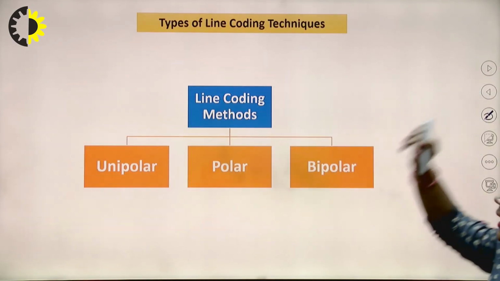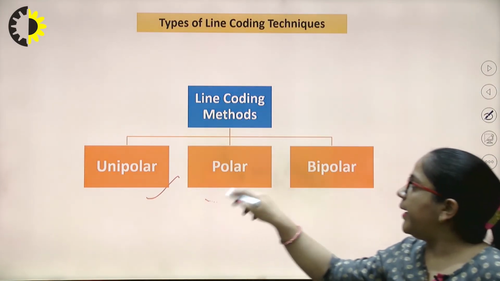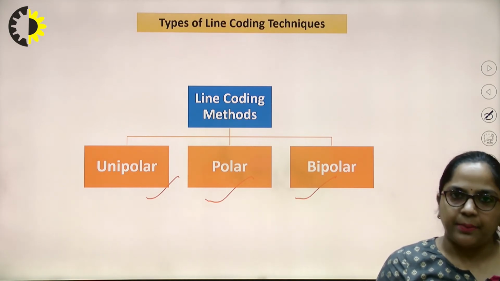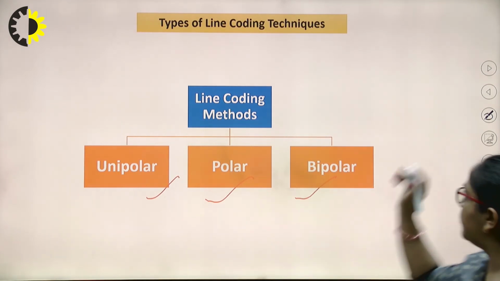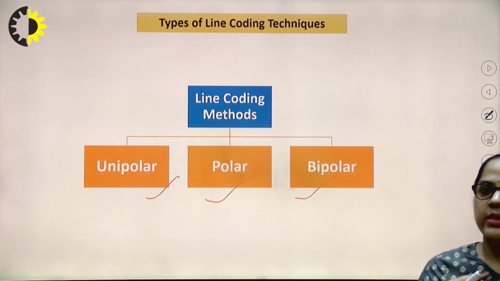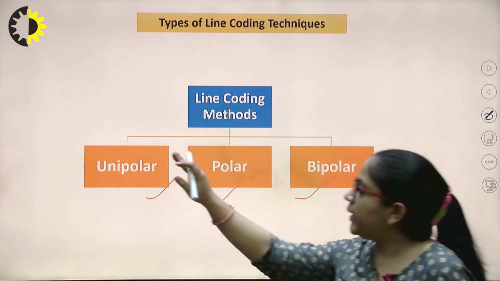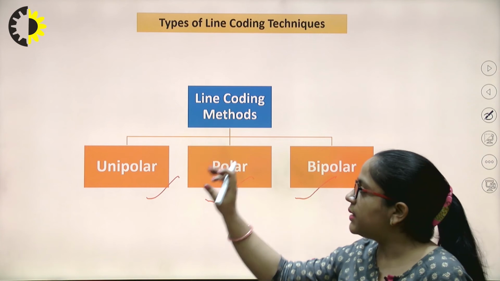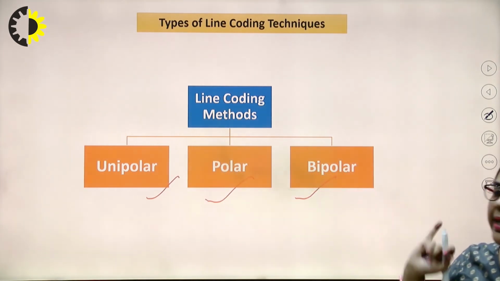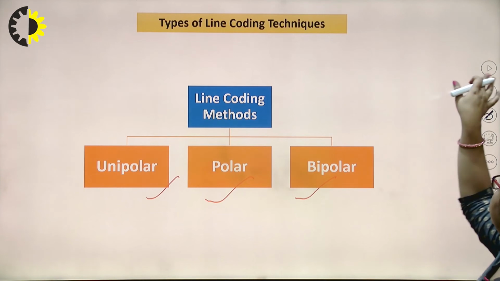Basically, we have three kinds of line coding methods, that is unipolar, polar and bipolar. So let us discuss all three one by one with the help of one single example, how we can provide the signal to the data with the help of unipolar, polar and bipolar line coding methods.